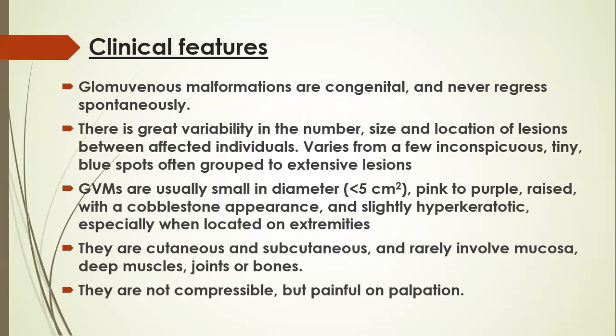The glomovenous malformations are congenital and never regress spontaneously. There is a great variability in number, size, and location of the lesions between the affected individuals. It varies from a few inconspicuous, tiny blue spots, often grouped, to extensive lesions.